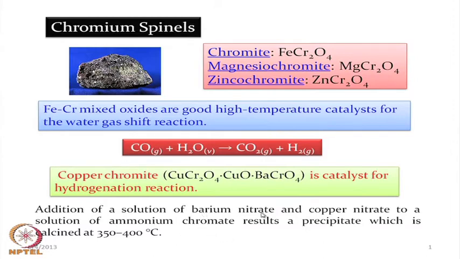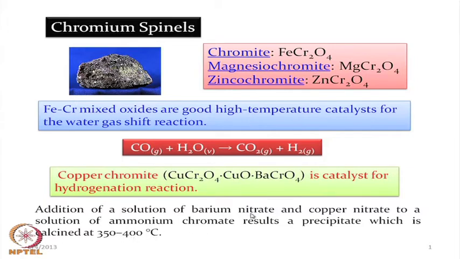Barium nitrate can react with ammonium chromate, giving rise to barium chromate, and copper nitrate is also reacting with ammonium chromate, giving rise to some copper chromate formulation, and ammonium ion is there, and ammonium nitrate is there basically.